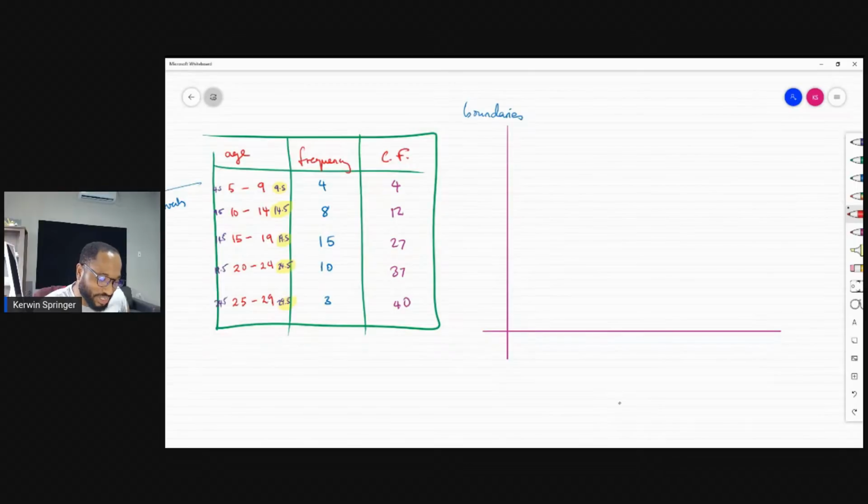Let's say this one here was 10-ish, so we can be guesstimating here, then 20. Don't do that in your exam; use proper scales. Then 40.